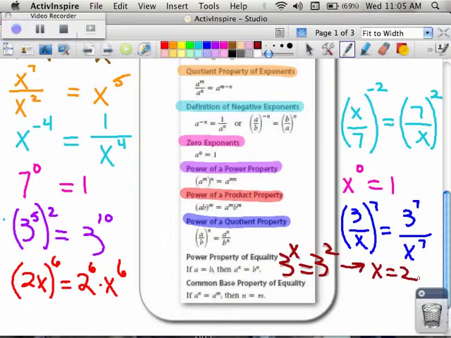Because if the bases are the same, then the powers have to be the same. That's what the power property of equality is saying.